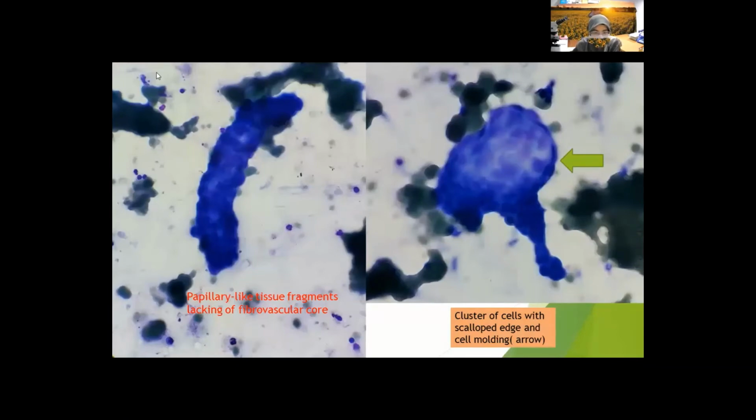This is from another fragment. It's a very dense tissue fragment. It's probably papillary-like, but we can hardly differentiate any fibrovascular core. These are clusters of cells with scalloped edges, and you can appreciate cell molding at the periphery of the edges.